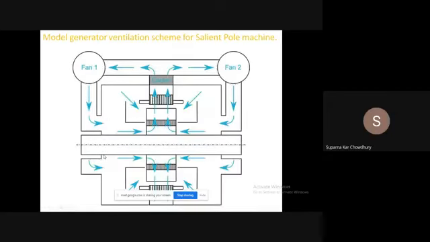Now another important thing in construction is insulation, which is very important before going to cooling, because both the armature and the field windings have to be insulated.